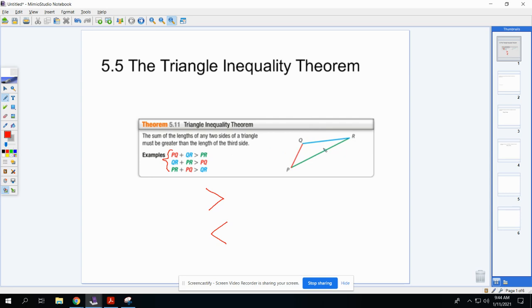So anytime we have two sides of a triangle and we add them together, that should always be greater than the third side of the triangle. Basically, if the two sides of our triangle add up and they are not greater than the third side, that means this would not be a possible triangle.